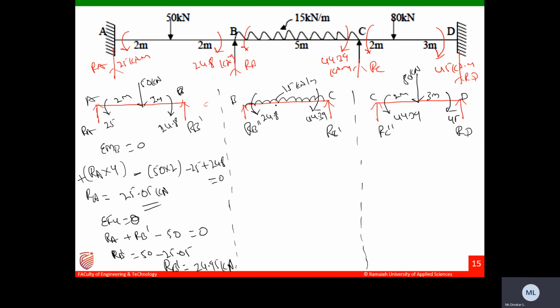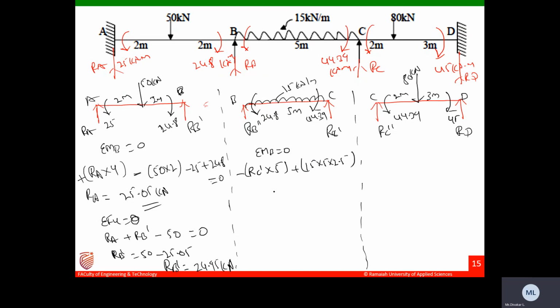Similarly, let us take this beam. Sigma MB equals to 0. RC dash into 5 meter. RC dash into 5 is minus, anti-clockwise, plus 15 into 5 into 2.5. Load into distance by 2.